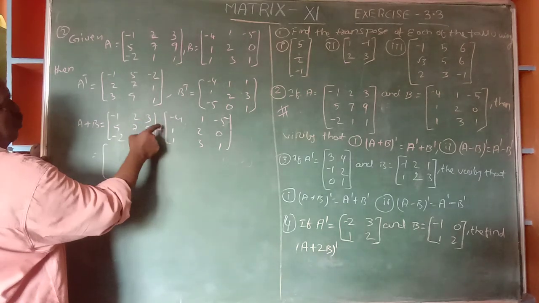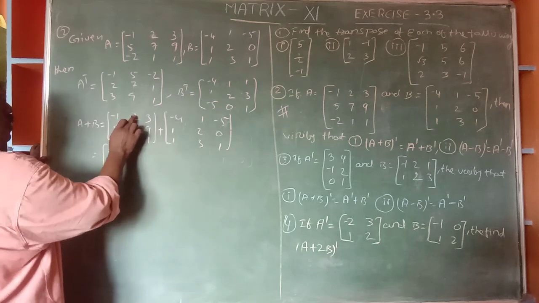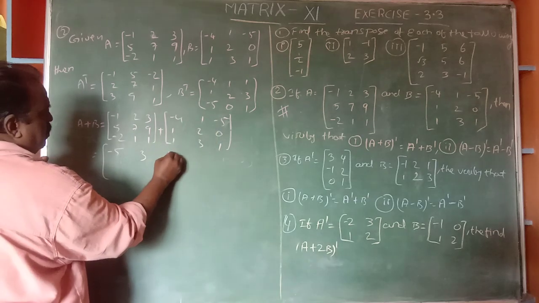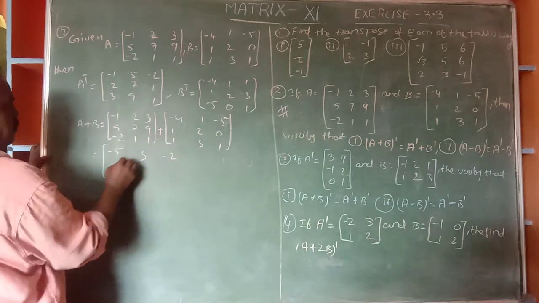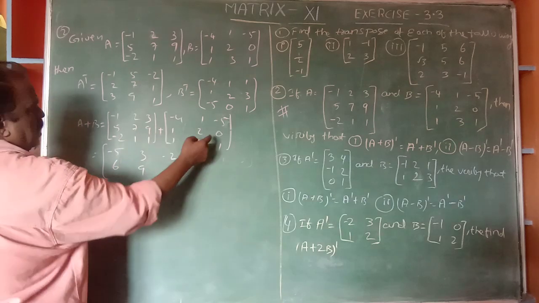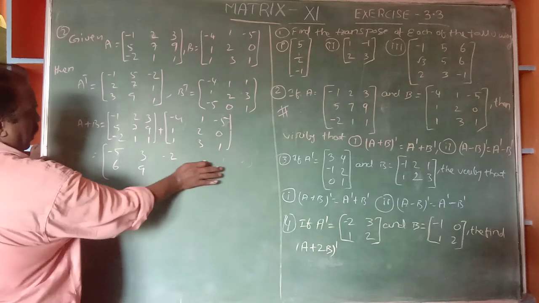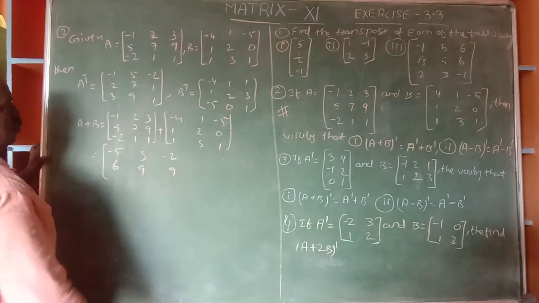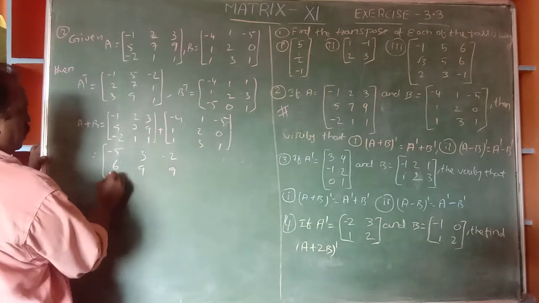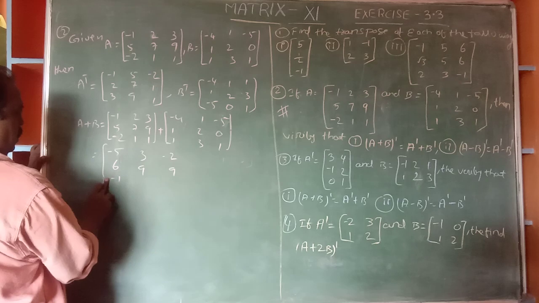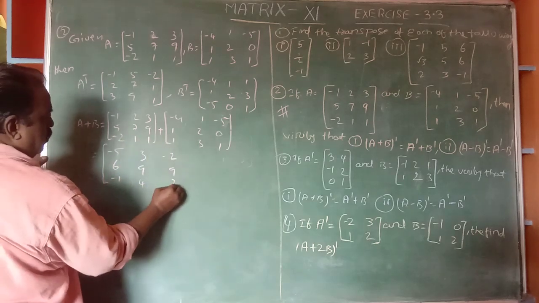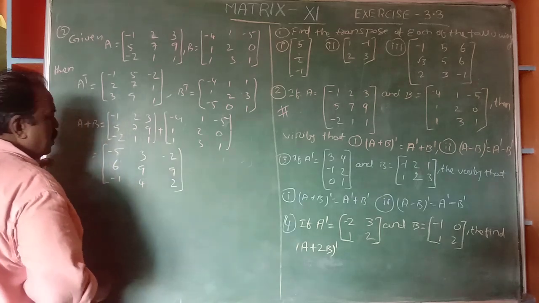Minus 1 minus 4 is minus 5. 2 plus 1 is 3. 3 plus minus 5, 3 minus 5 is minus 2. 5 plus 1 is 6. 7 plus 2 is 9. 9 plus 0 is 9. You verify once again. Minus 2 plus 1 is minus 1. 1 plus 3 is 4. 1 plus 1 is 2. This is A plus B.